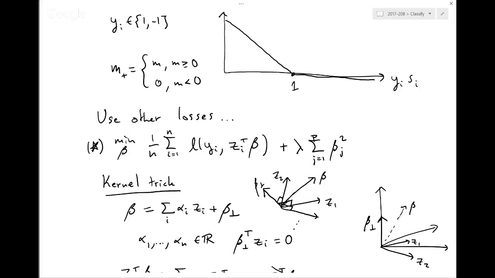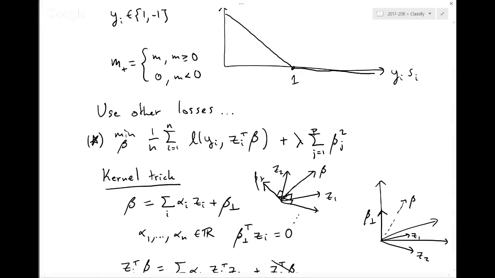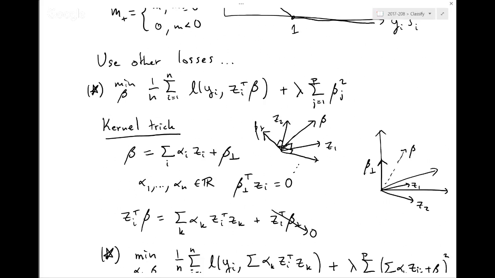Under this pretty general form, the beta can be written as a linear combination of the samples, right? The solution. So when we actually do the optimization, we could just forget about beta being anywhere outside of that. So this is the kernel trick, and we'll introduce why it's called the kernel trick in a second, because there's this idea of a kernel involved.